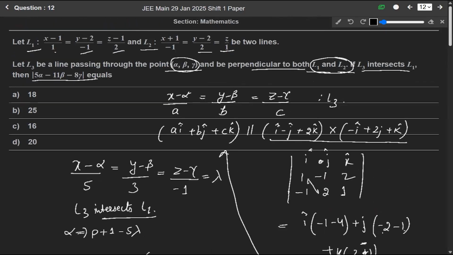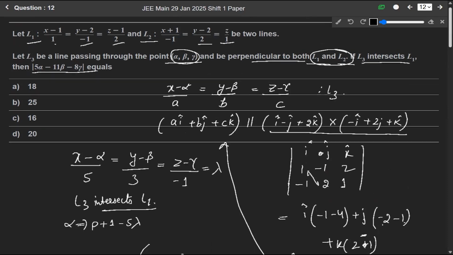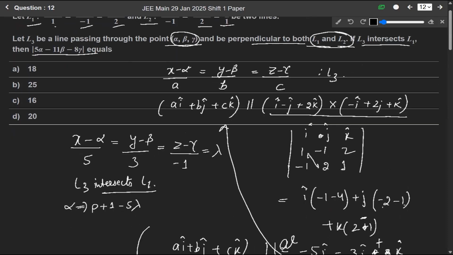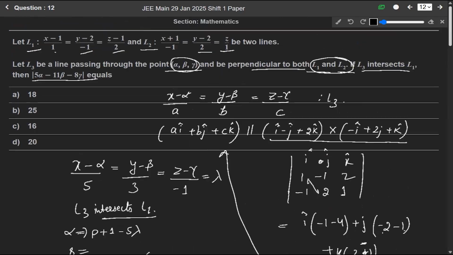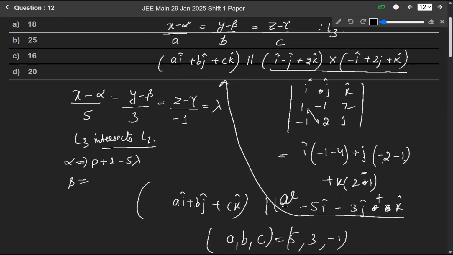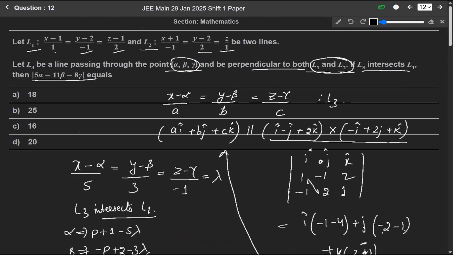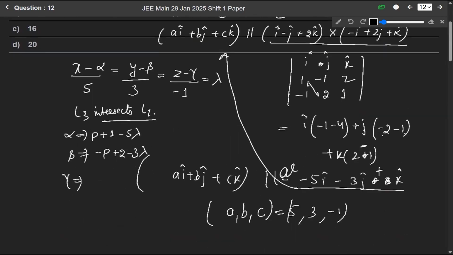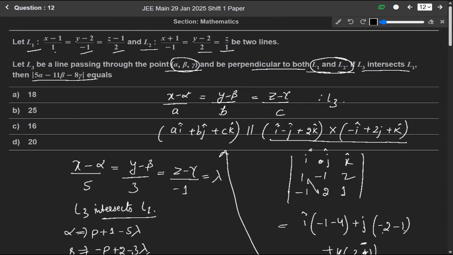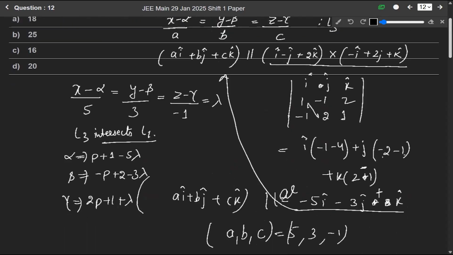When L3 intersects L1, beta will be equal to y minus 2, so it will be minus p plus of 2 minus of 3 lambda, and gamma will be equal to z minus 1, so it will be 2p plus 1 plus of lambda. Solving this, we have to find the value of 5 alpha minus 11 beta minus 8 gamma.